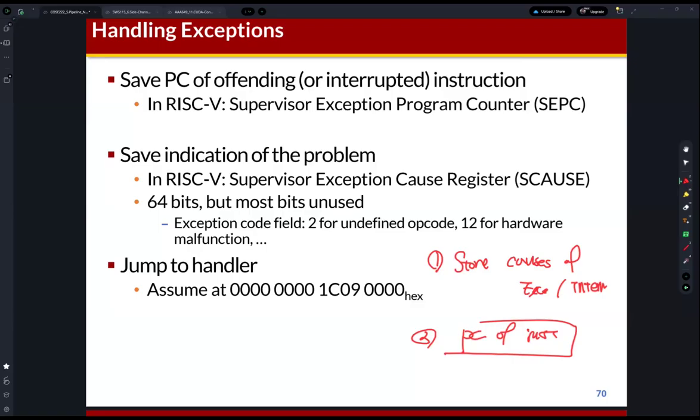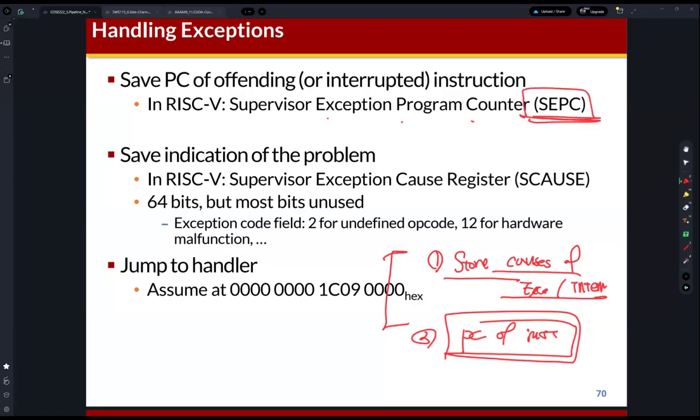So when an exception is detected, the CPU stores the causes of the exception, and the PC of the instruction that causes the exception. These two data are required. RISC-V has the SEPC, the supervisor exception program counter. SEPC just stores the PC of the instruction that causes an exception.